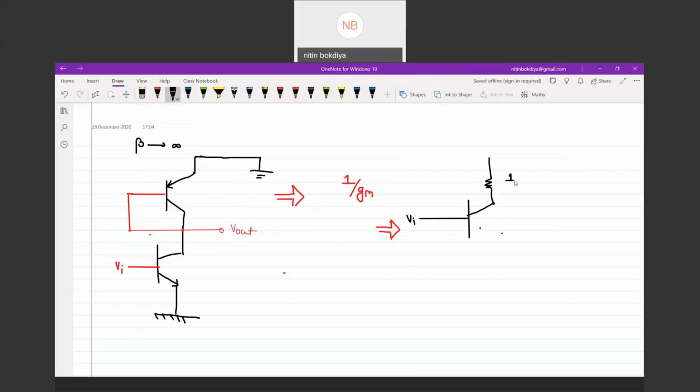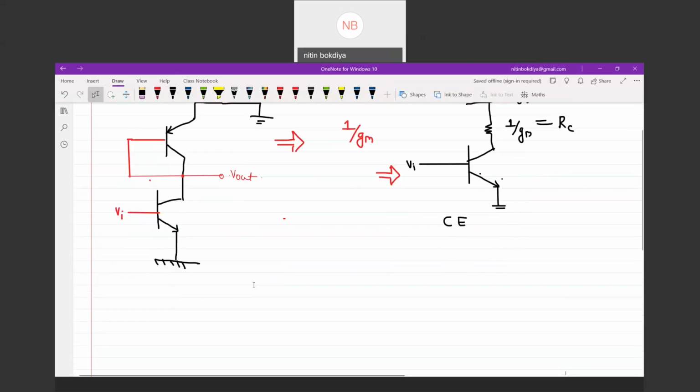This is connected to the AC ground, and we are having one emitter terminal which is connected to ground. So this is a common emitter amplifier with emitter resistance equivalent to collector resistance equivalent to 1 by GM, and there is no loading effect also.